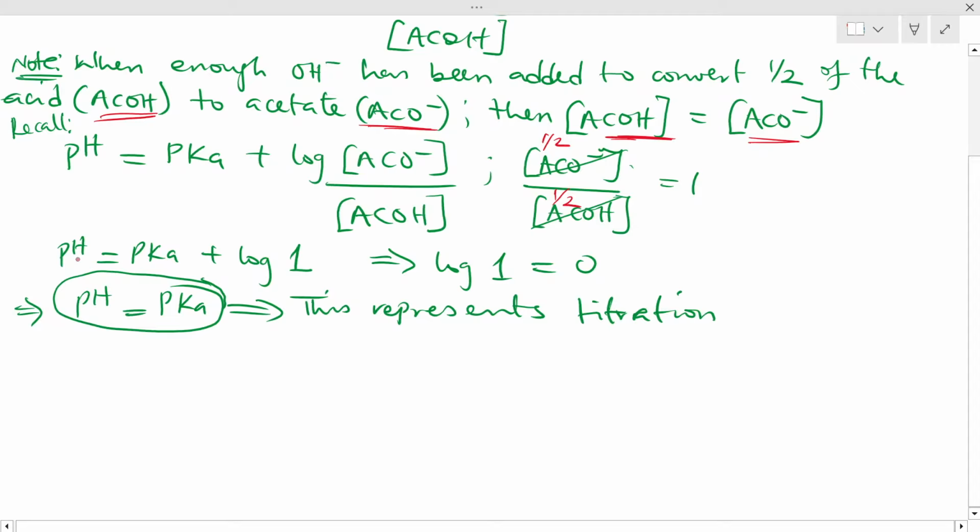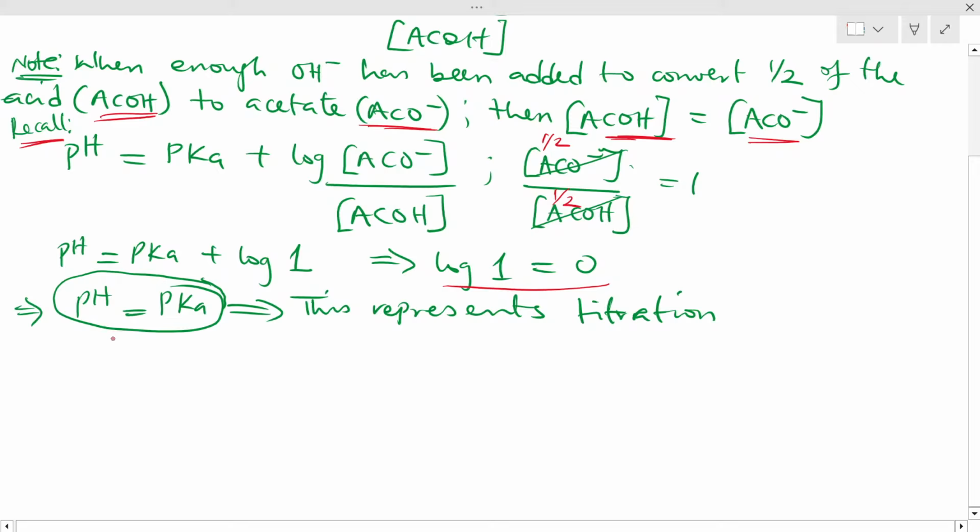So what you now simply have is pH is equal to pKa plus log 1. And we know that log 1 is equal to 0. Mathematically, if log 1 is equal to 0, it simply means pKa plus 0, and anything plus 0 changes nothing.